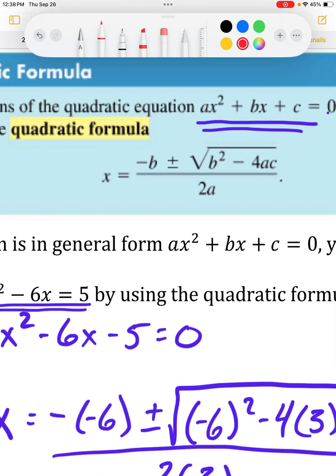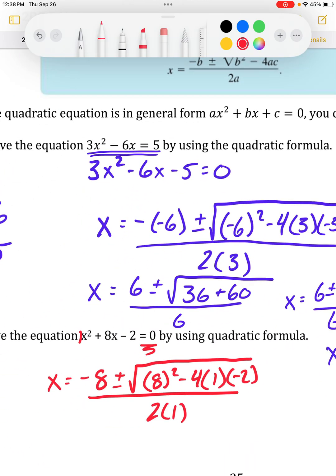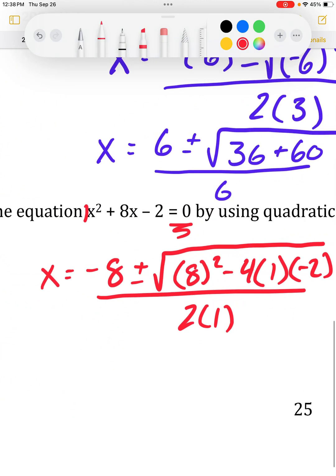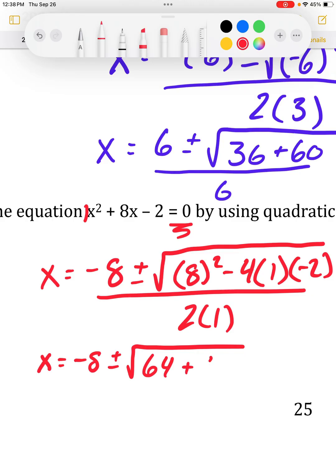Again, I'm just plugging it into that formula. That's why it's important to have this written down so I can reference it.